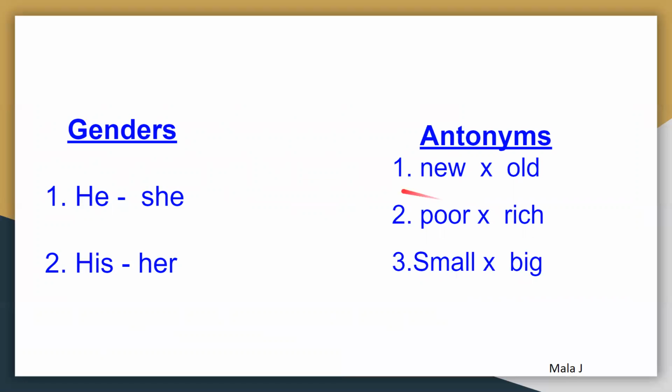So shall we repeat the genders first? He, she, his, her. Antonyms: new, old, poor, rich, small, big.